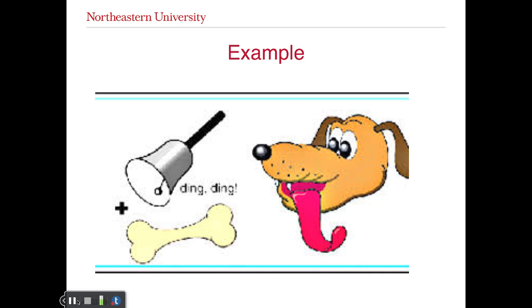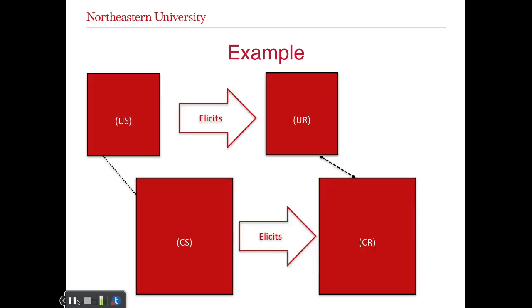Pavlov noticed and built equipment to measure the salivation of dogs because meat resulted in salivation with dogs. What Pavlov did was pair that meat or food with the sound of a bell ringing, until the sound of the bell ringing elicited salivation.